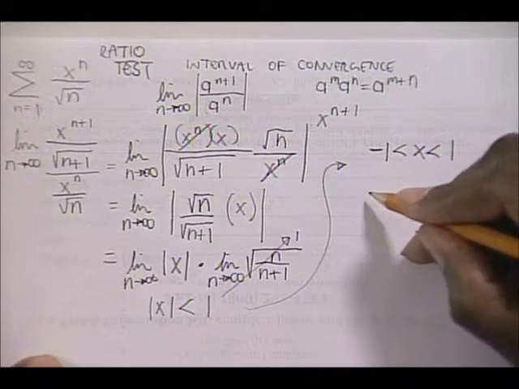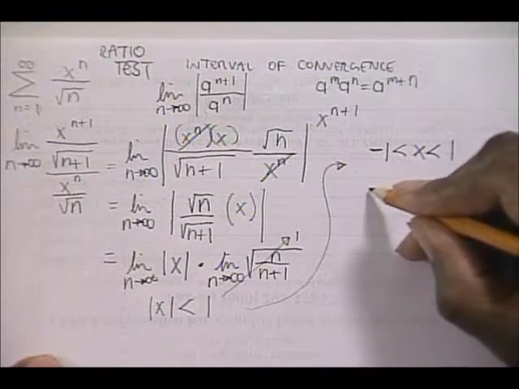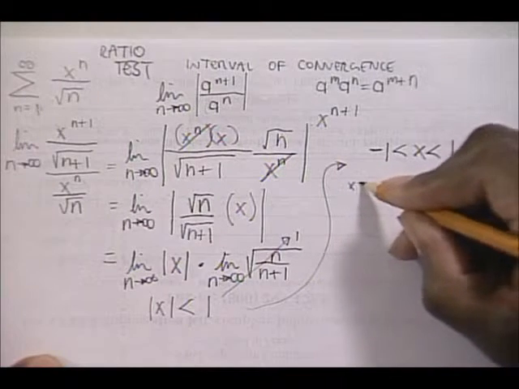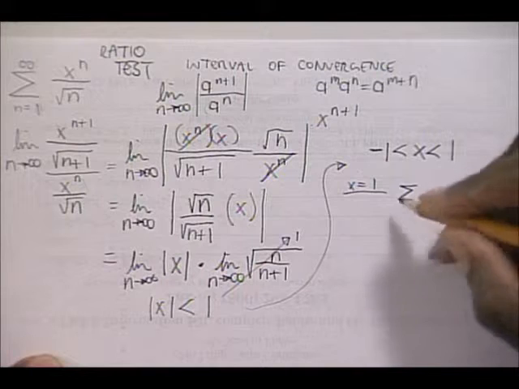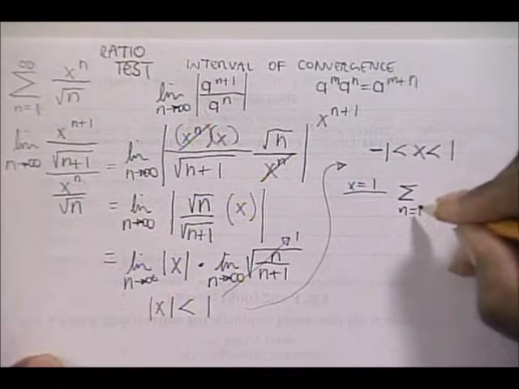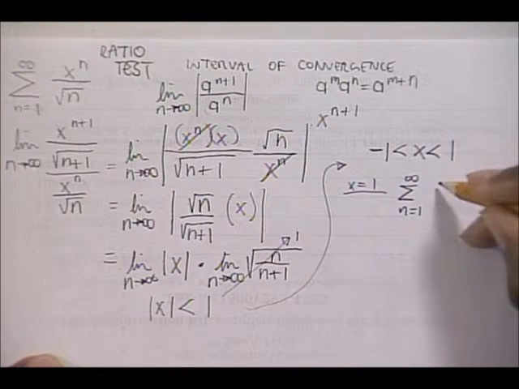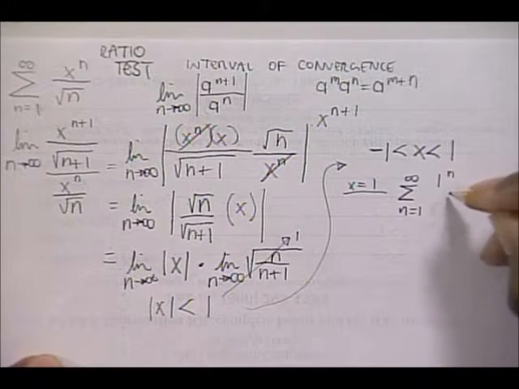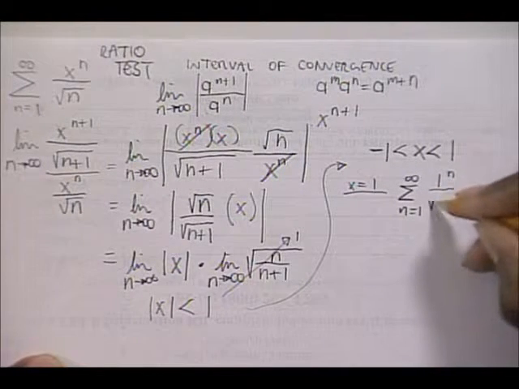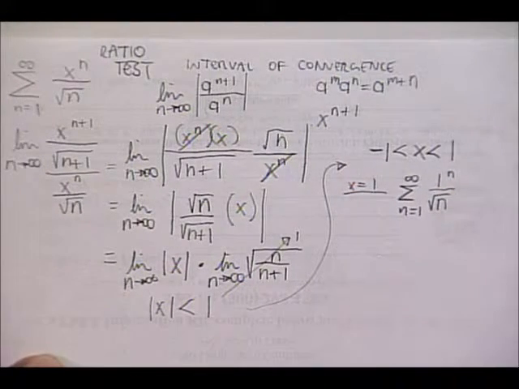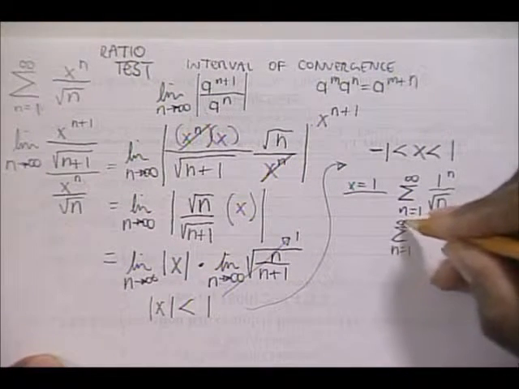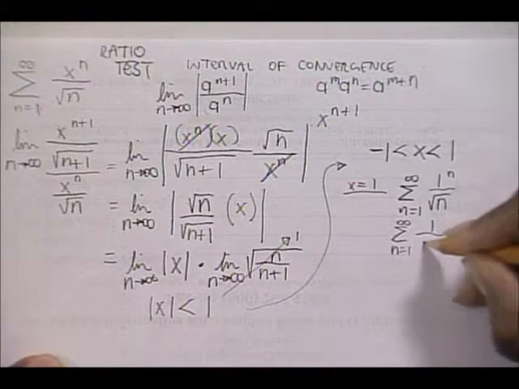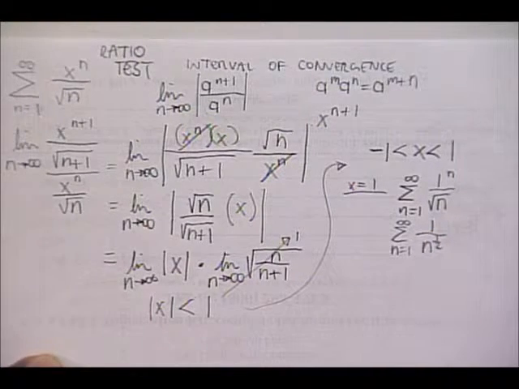So if we substitute 1 into the series from n equals 1 to infinity, we get 1 to the n over radical n. All right, that's just 1. That's just the sum from n equals 1 to infinity of 1 over n to the half.